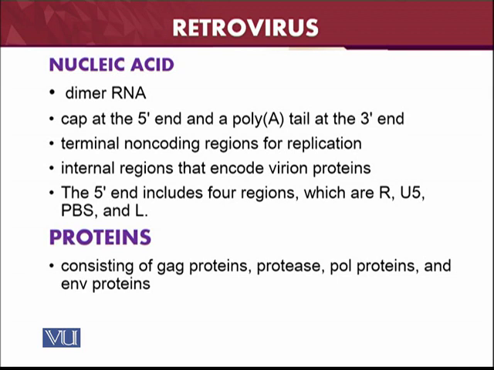The 5' end includes four regions, R, U5, PBS, and L, which we will study later. The proteins consist of GAG proteins, protease, pol protein, and the envelope proteins. We already studied that these proteins, on the basis of replication, give rise to different components of the virus.